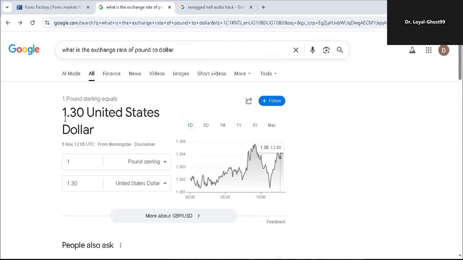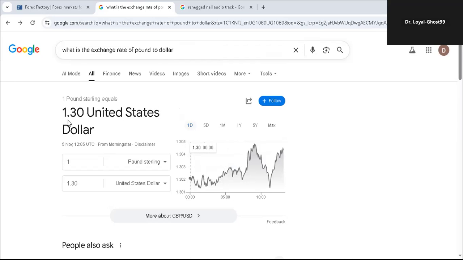I'll go to the interbank market to negotiate for a better price. It's like a wholesale market for currencies, where the big institutions negotiate their deals and get the best bids and offers.